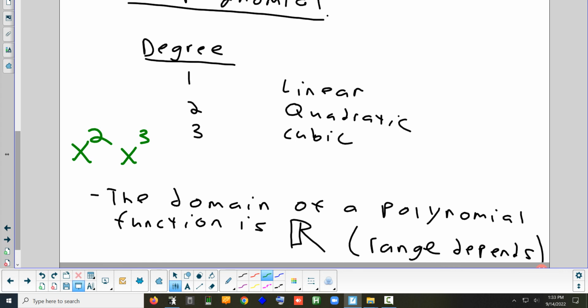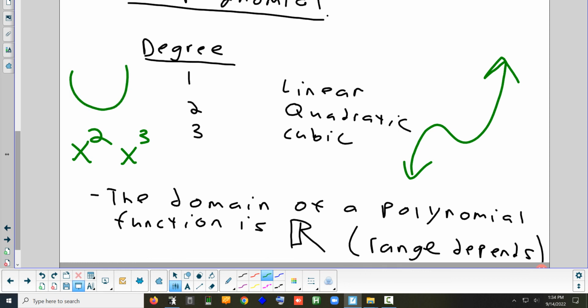But the range depends. It has a lot to do with whether the degree of your polynomial is even or odd. If it's odd, you generally get a pattern like this. One end goes up forever, one end goes down forever. If it's even, usually you get a pattern like that.